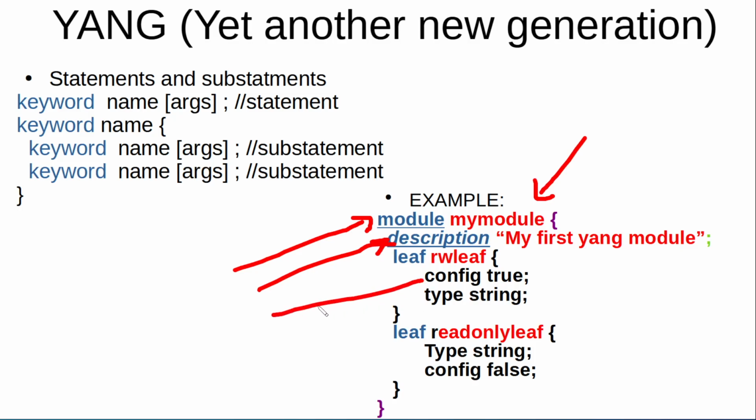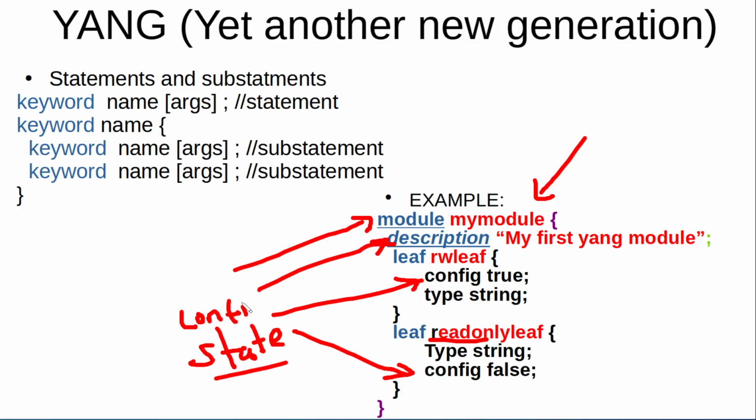This config true and config false is what defines what type of data you're working with. So this will be read-only data, probably used for state information. So most probably the read-only data will be for state information, and the read and write data will be for configuration within the device.